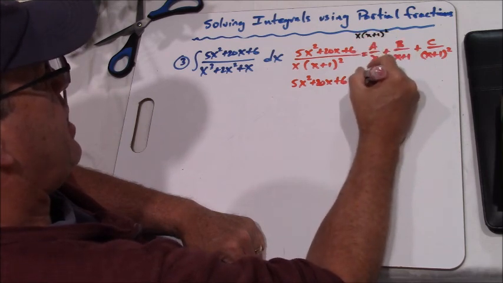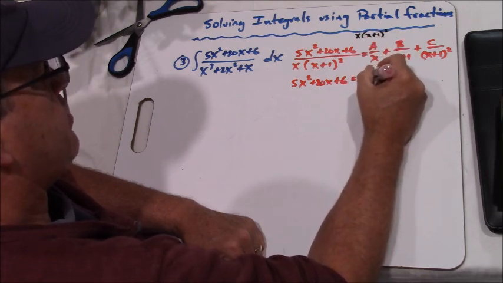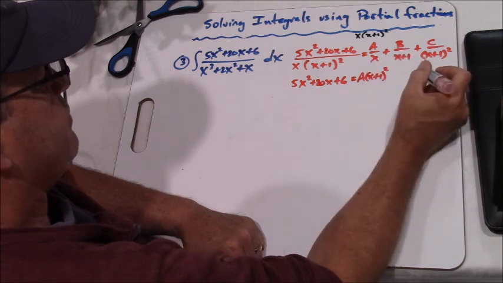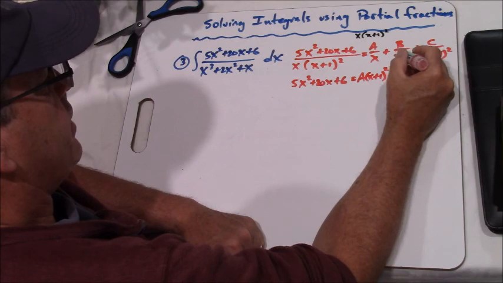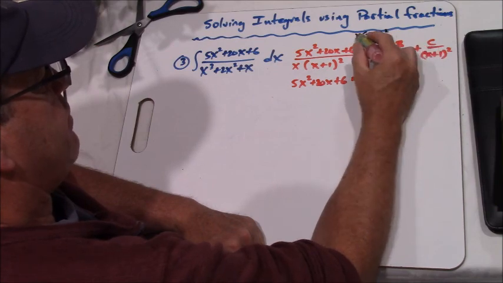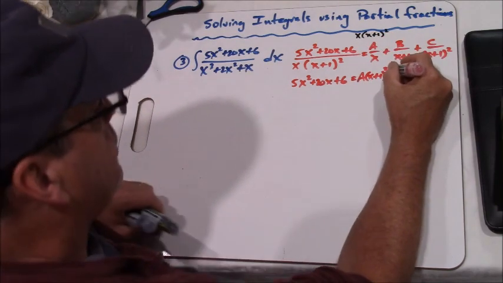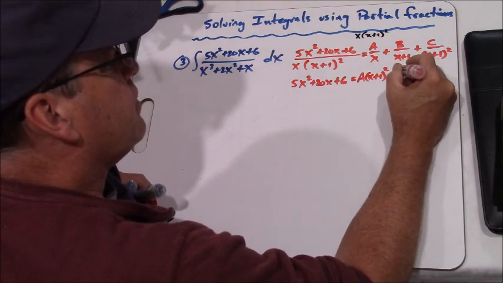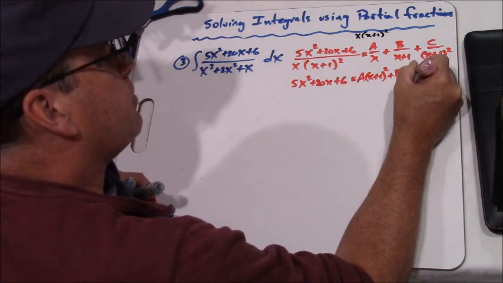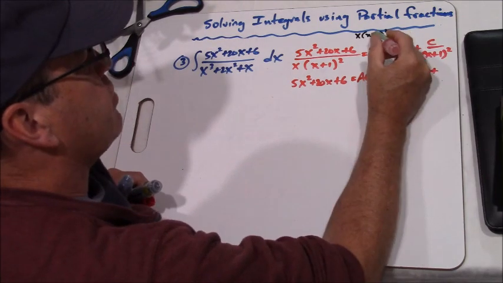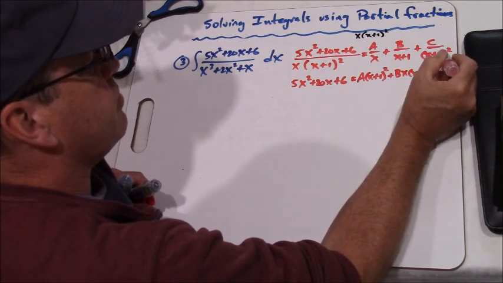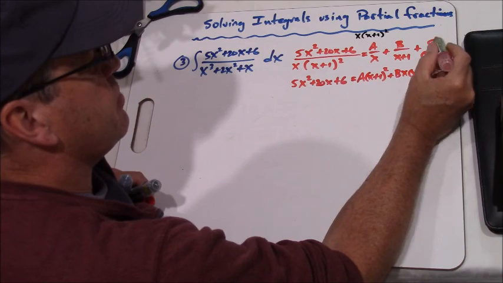So I'll have a times x plus 1 squared. Here, if I multiply, the x plus 1's will cancel, but I'll still have an x and another x plus 1. So b times x plus 1. And then for this last one, if I multiply this times this term, the x plus 1 squares will cancel, and I'll just be left with cx.